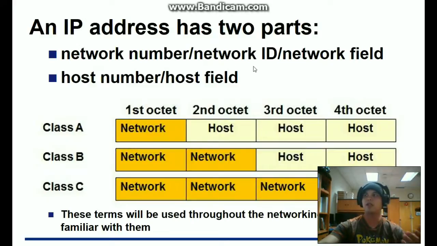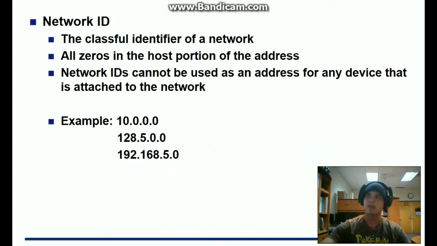Network number, network ID, or the network field possibly could mean the same thing. The network ID is the classful identifier of a network. So when I say network ID, I'm talking about the classful identifier of that network.